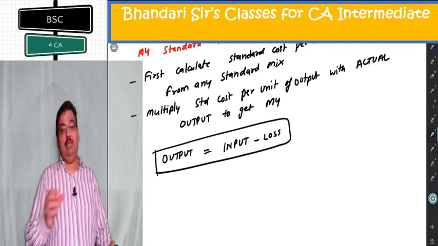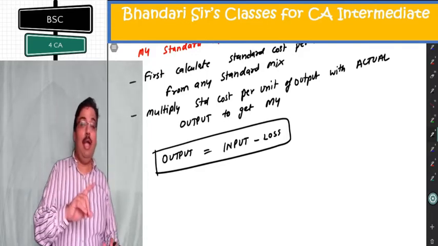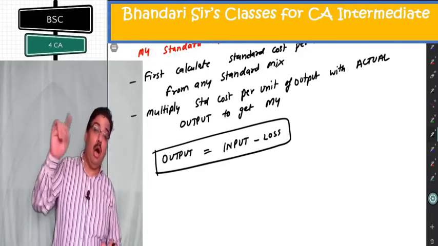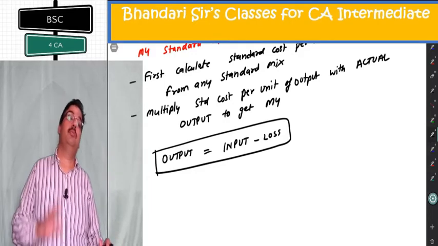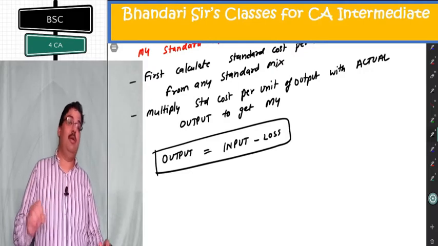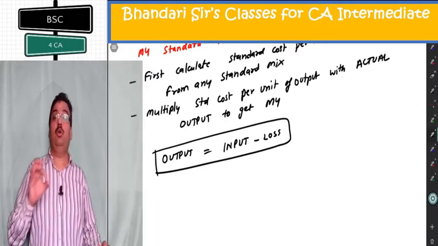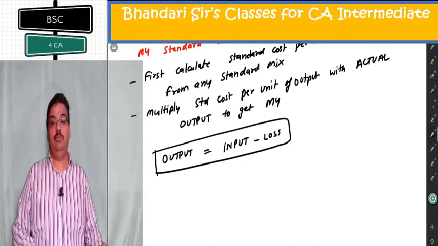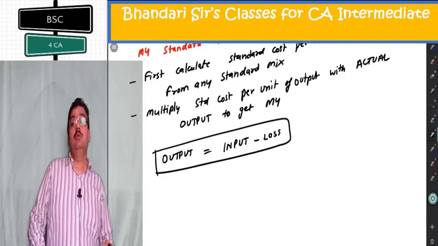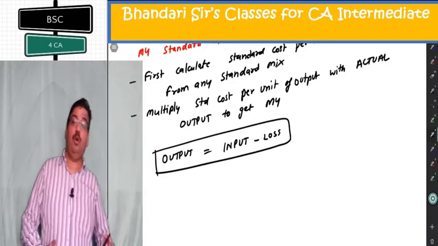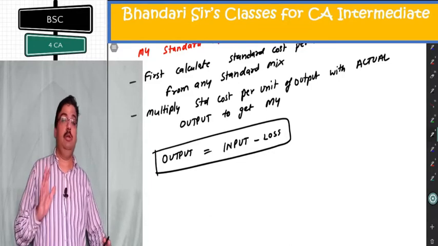You get one standard mix, get its cost, divided by standard output, means total input minus standard loss. You get standard cost per unit of output. Multiply with actual output, which is actual total input minus actual loss. That is actual output. From there you will be getting the M4. So only in M4 the losses are getting considered. Before that only inputs were considered.